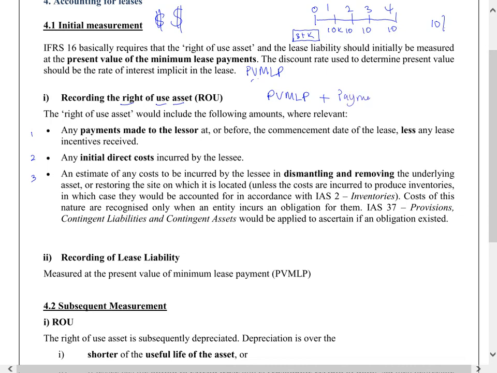Any additional payment made to the lessor, plus initial cost, plus minus any incentive, and plus number 3, dismantling cost. I put here number 3.